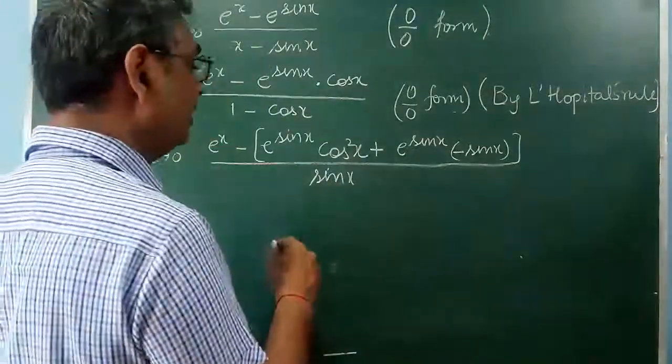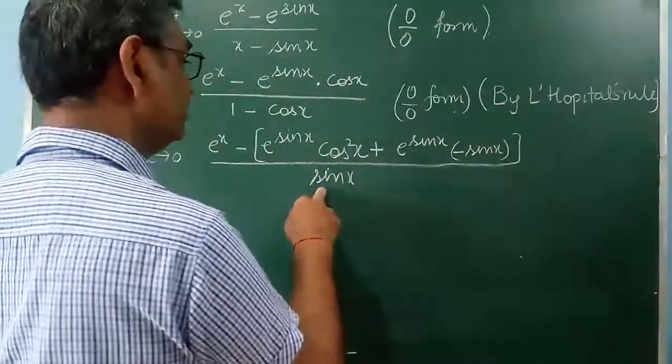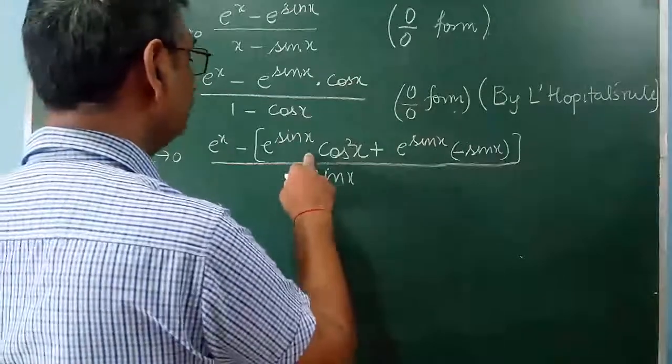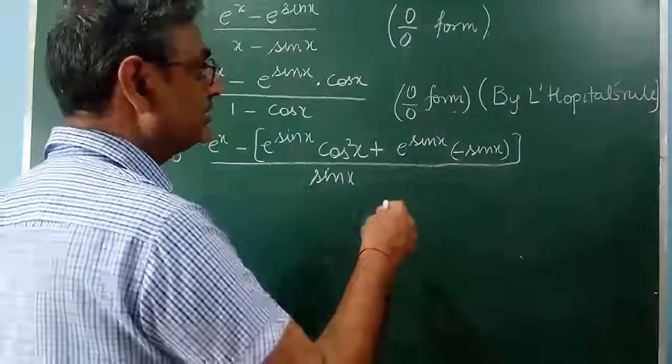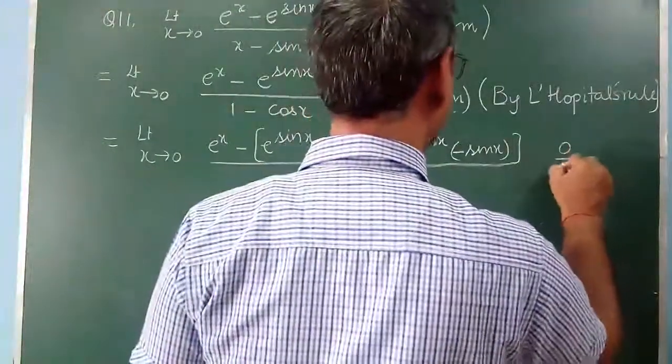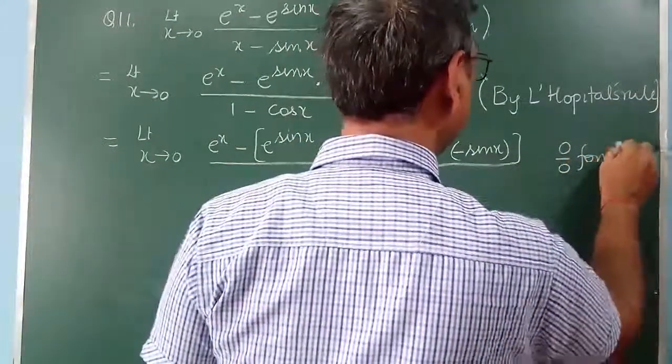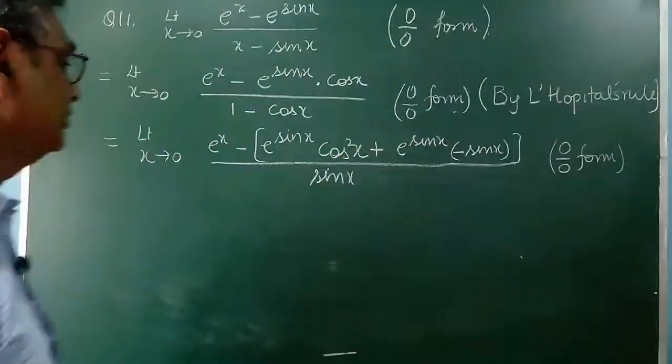Now, what can we do? Put the value of limits, this is 0, this is 1 and here it will be again 1. So, it is now again 0 by 0 form.